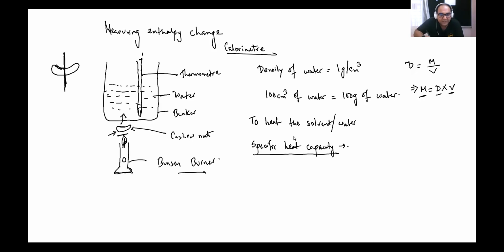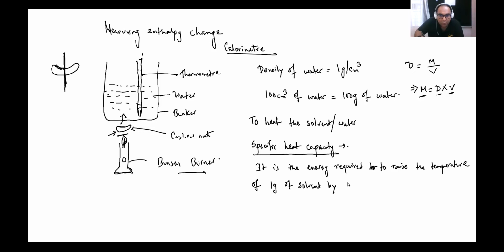So what is specific heat capacity? It is the energy required to raise the temperature of 1 gram of solvent by 1 degree centigrade or by 1 Kelvin.